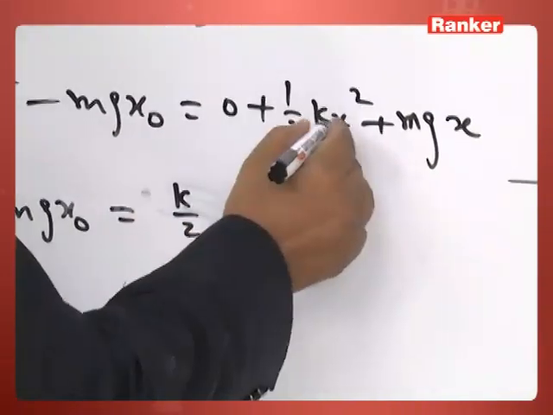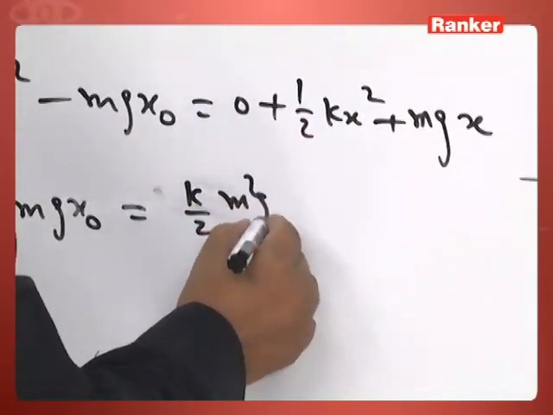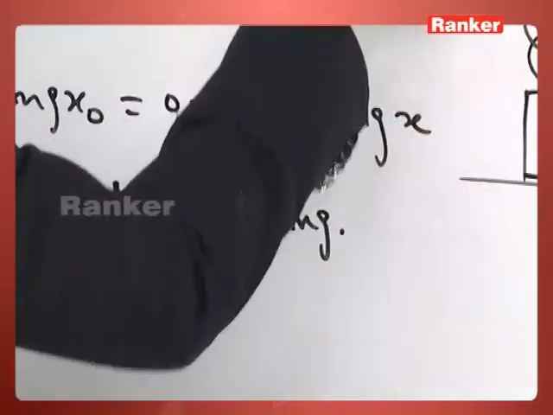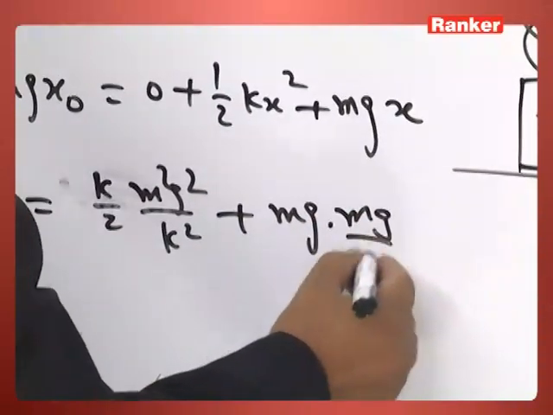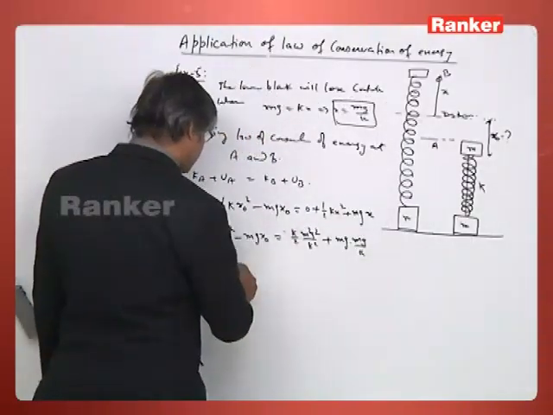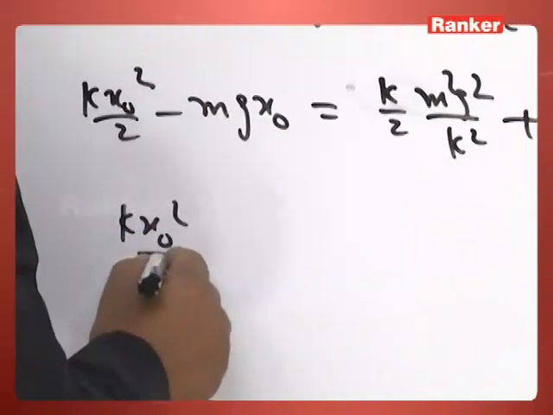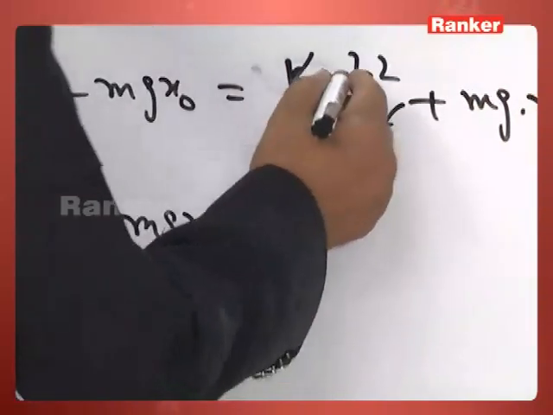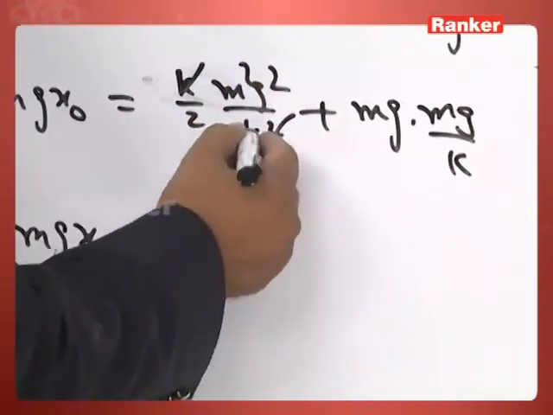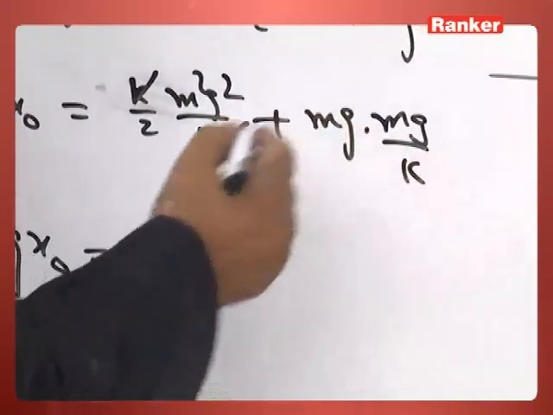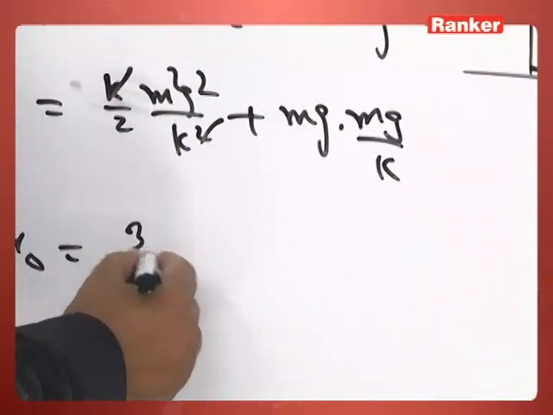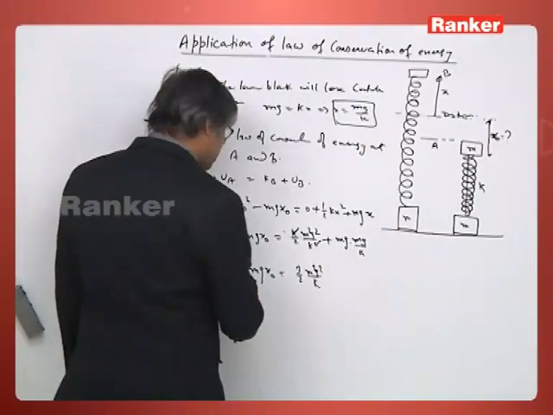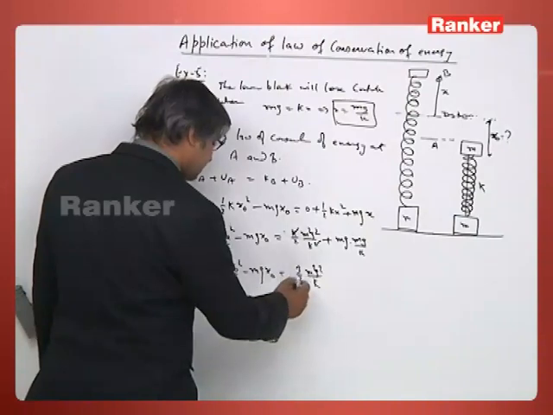So k by 2 times m square g square by k square plus mg times mg by k. So we have kx naught square by 2 minus mg x naught is equal to, 1k cancels, m square g square by 2k plus m square g square by k. So 1 plus 1 by 2, 3 by 2, m square g square by k. So I multiply both sides by 2k.